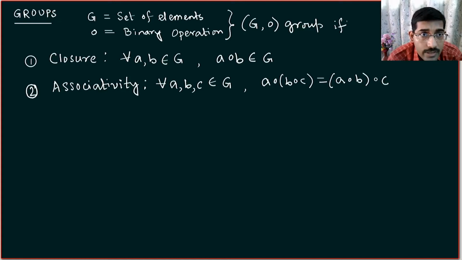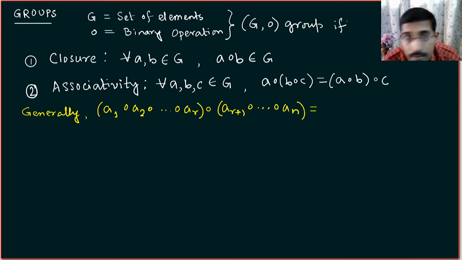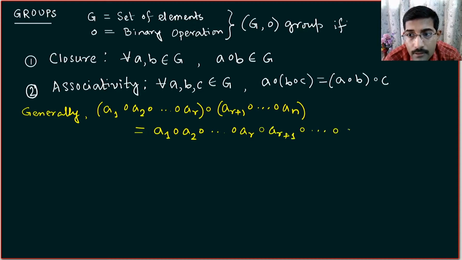So in general, you can write that A1 operated with A2 operated with up to AR, which is operated with AR plus 1 up to AN, can also be written as the same as A1, A2 up to AR, AR plus 1 up to AN, with brackets placed differently.